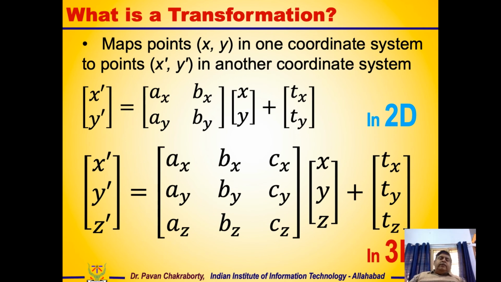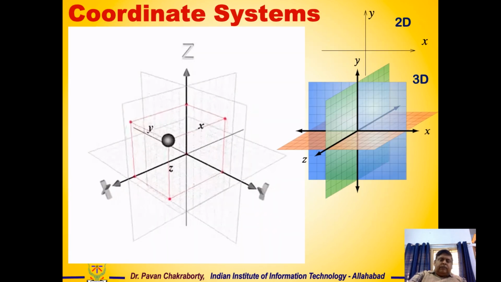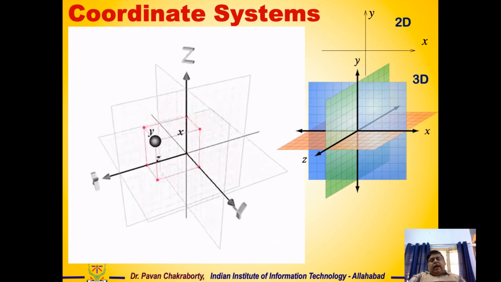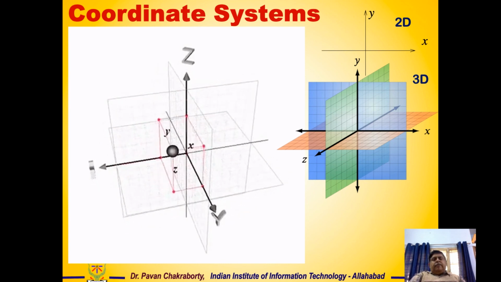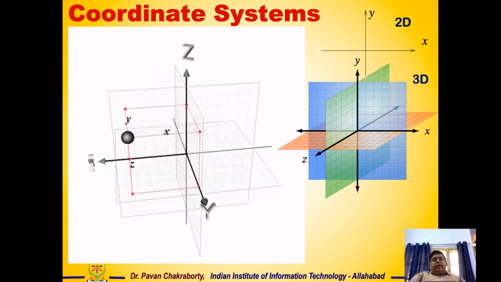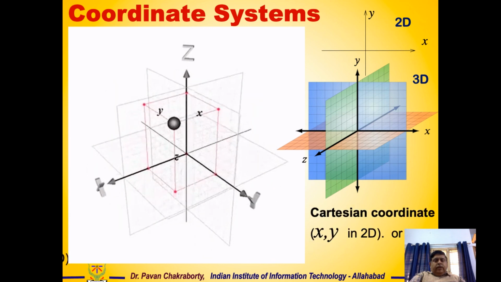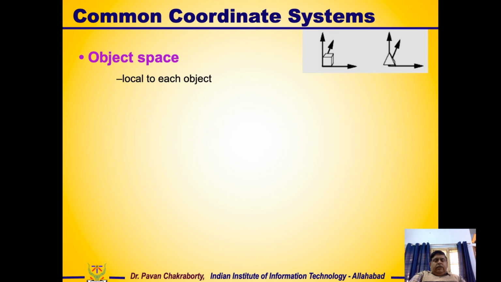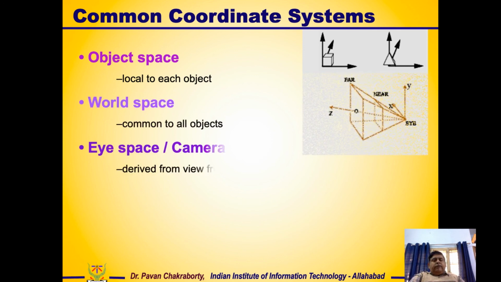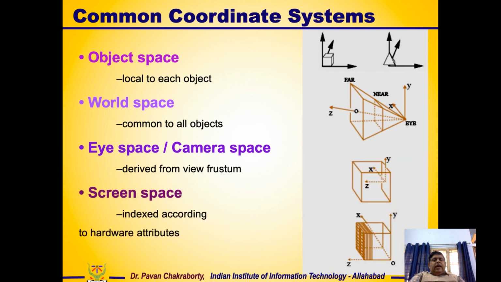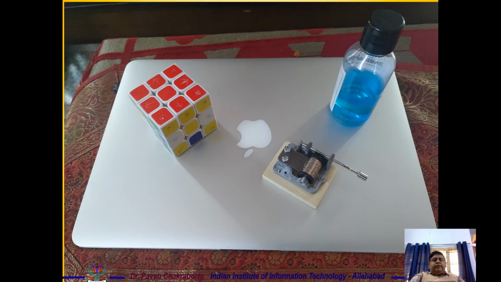Later on we will see how we can merge this vector into the transformation. Here are the Cartesian coordinates that we have described earlier, and you see the points as they keep moving. Again, this is object space, world space, and we have seen eye space and screen space, which have been given.